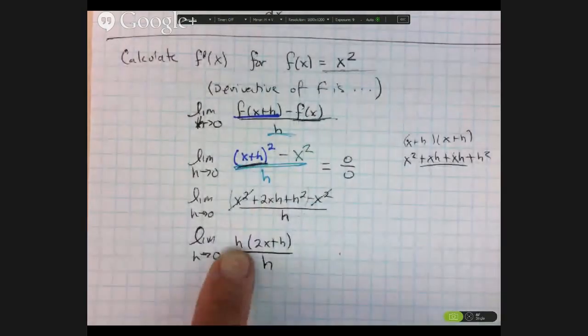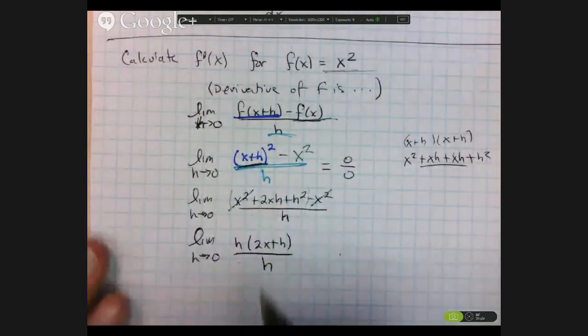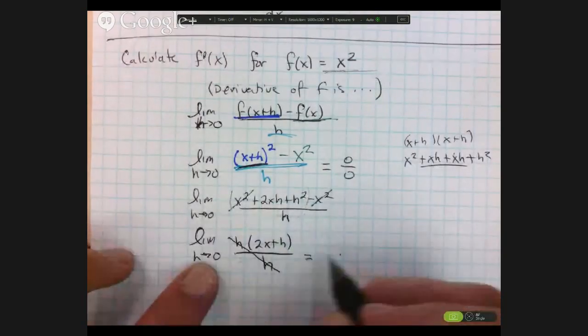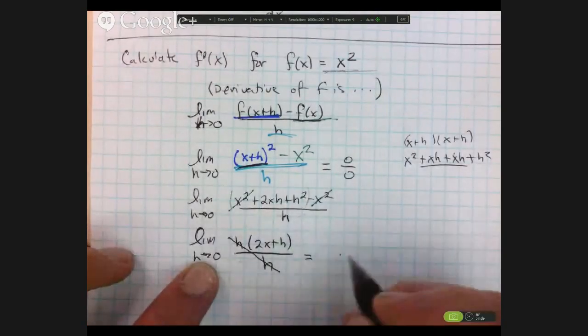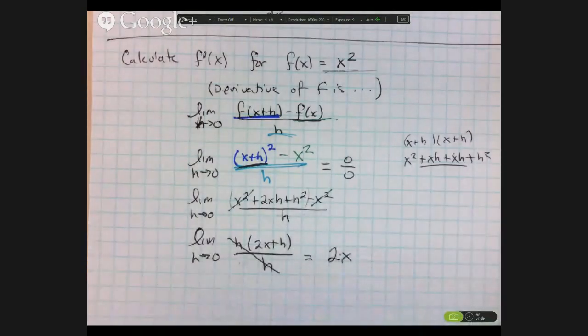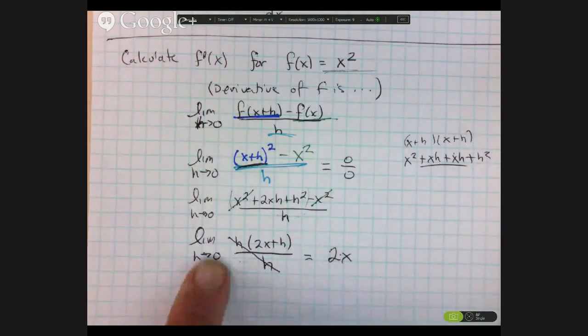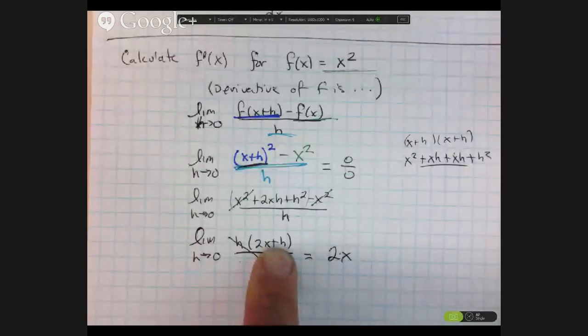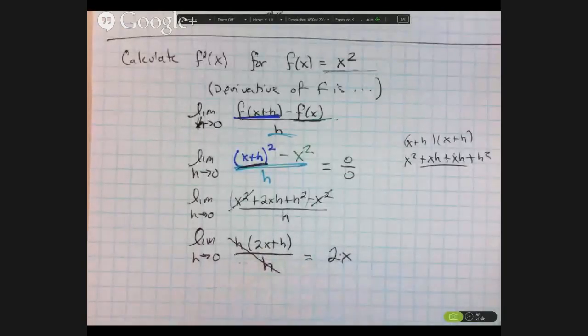Factor it out. Now these can cancel, right? Now plug and chug. What do I get? 2x. h is 0. Right, so I plug 0 in, and I get 2x.